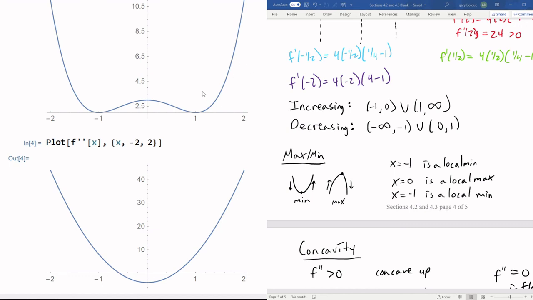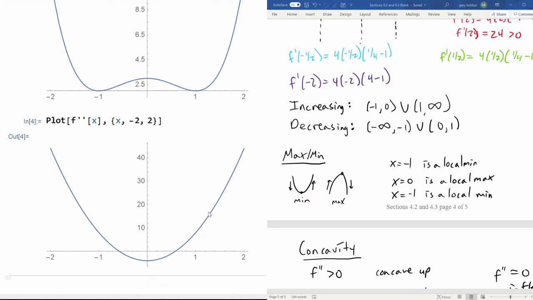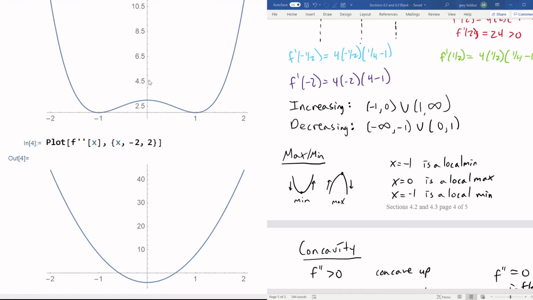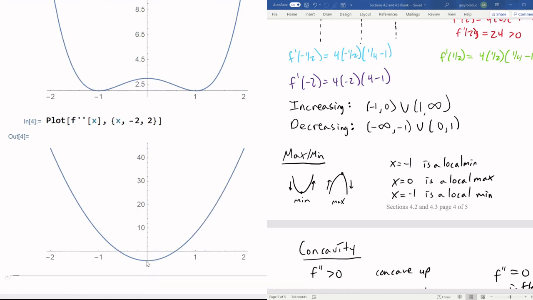Now, I know I'm pointing at this function and saying concave up, but what you need to be thinking about is that when I'm saying my function is going to be concave up, I'm talking about this function. This function will be concave up because these numbers are all bigger than 0. Here, the value of f double prime, the value of this function, is negative. So I'm concave down here.